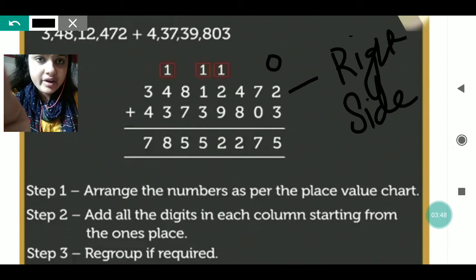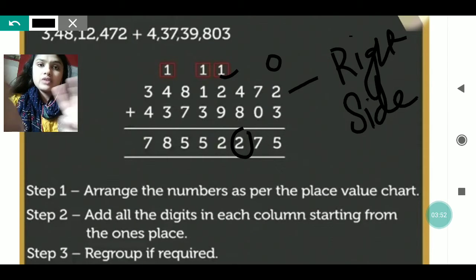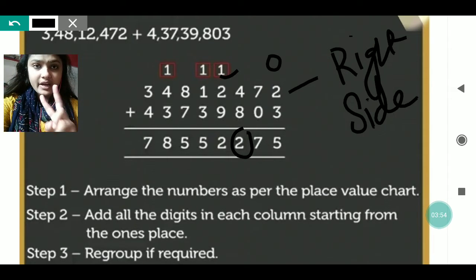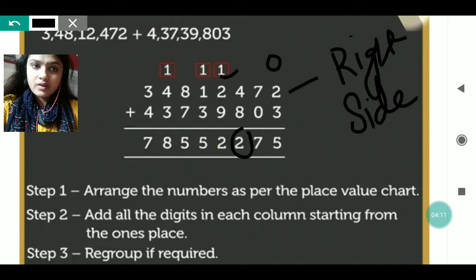So of 12 you write only 2 down and 1 you take as carry, which I have written here, because I have already explained that when we get a two-digit number, we write down the second digit and take the first as carry. The next one, 3 plus 1 is 4 and plus 1 which we have taken is 5... 2 plus 9 is 11 and 11 plus 1 again I am getting 12. So 2 is written down and 1 we take as carry.